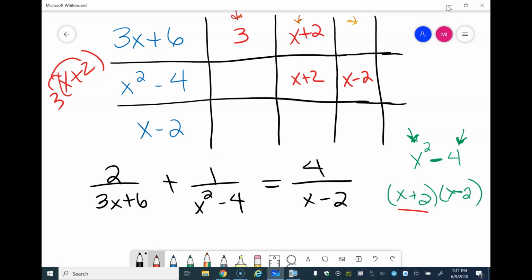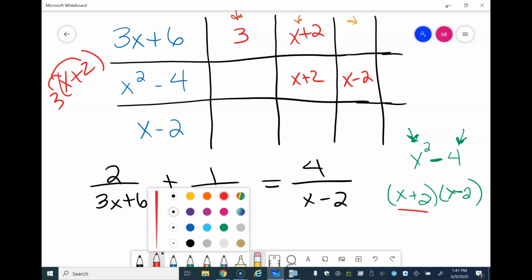Let's do our last one. X minus 2, this looks like it can't be factored. We can't factor out anything. We can't break it down. So we just go ahead and put it in our chart. I'm not going to put it here because it doesn't match with the 3. We also can't put it in the second column because that second column is already designated to be a plus sign.